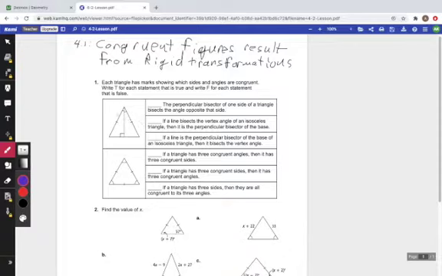First off, it has two sides that are congruent to each other. Now, those two sides actually have two angles that end up being congruent.